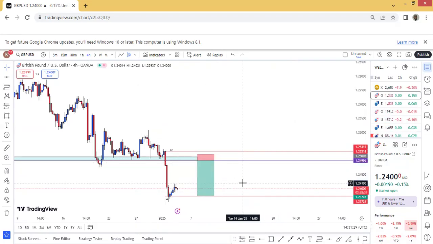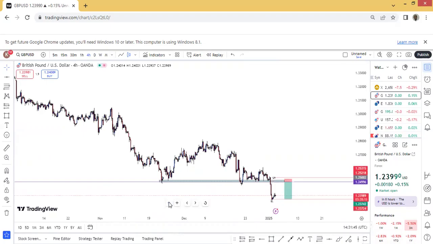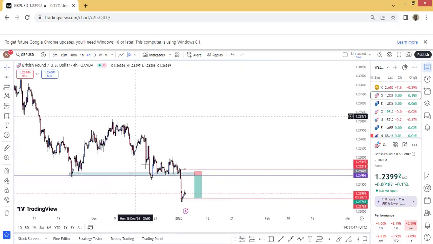When it gets into the zone, then you look for your candlestick confirmation, and then you trigger your trade. But for me, pending orders. That's what works for me best.